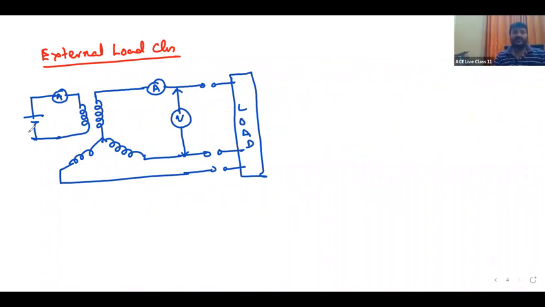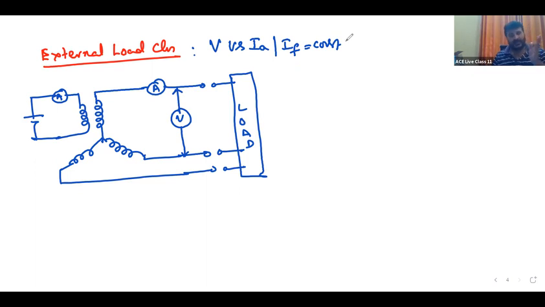But first, what is the definition of external load characteristics? I have given it already. External load characteristics is nothing but V versus IA. When load is connected and IA changes, how does V change, keeping other things the same?